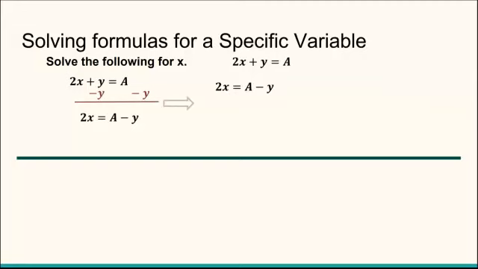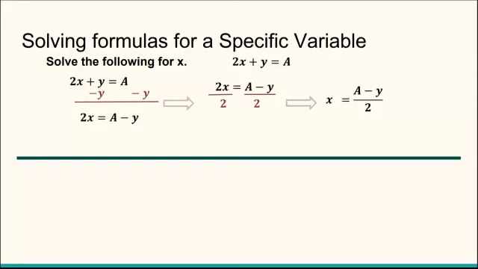Then, since I'm sitting here with the 2x equals a minus y, I'm going to divide both sides by 2. When I do that, I then get x on the left equals a minus y all over 2. Make sure that line extends all the way across because it's each one of those, all over 2.